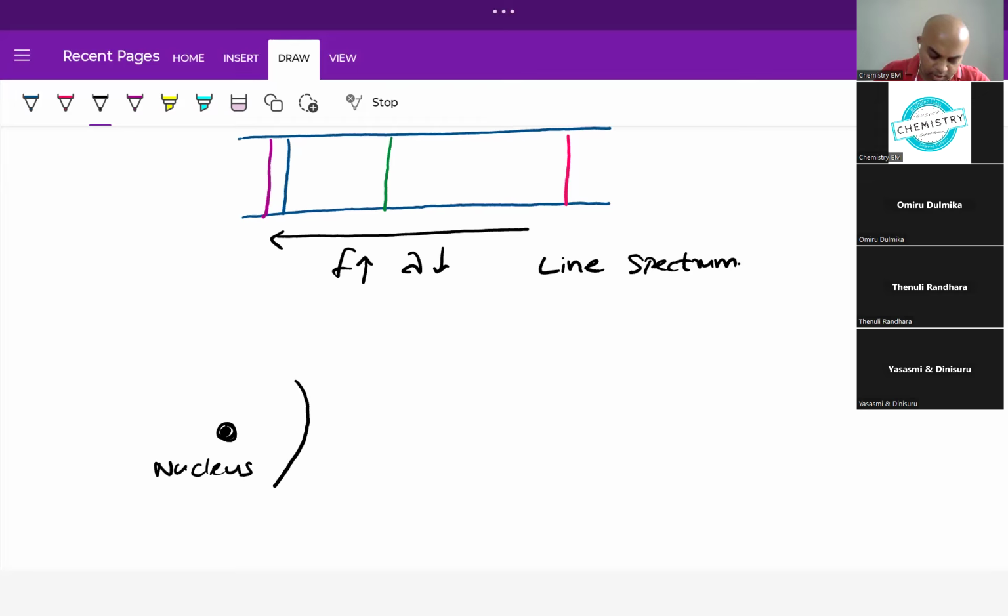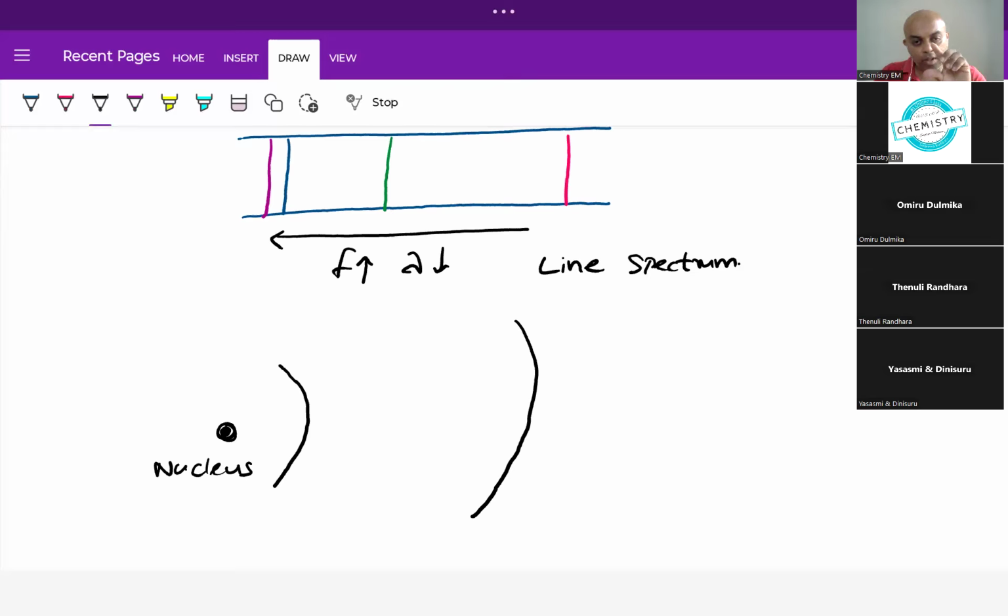Here we have one energy level, which is closest to the nucleus. Then we have another energy level. These are circular things around the nucleus.